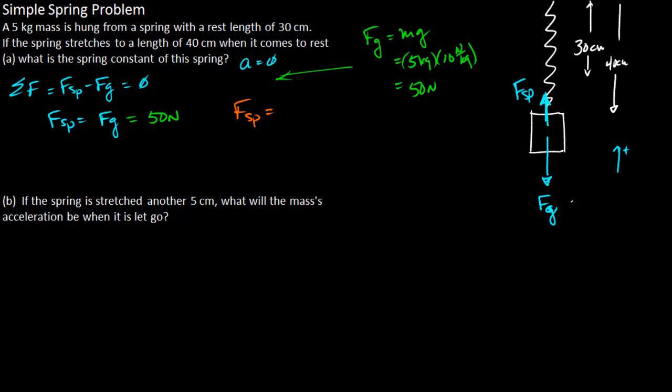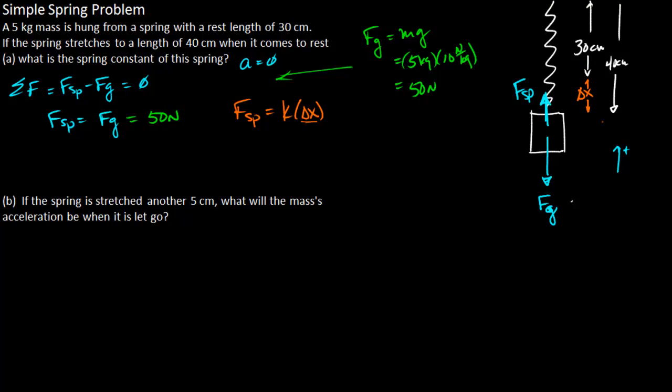We can then move on to our spring equation, which says the force from a spring equals, I'm going to leave the negative off because I already took care of that in my free body diagram. The negative just tells you the direction the force is applied. So I want to say the spring force equals K times delta X. Now the tricky part that some kids always get tripped up on is this is delta X, it's not X. So the spring, yes, is stretched out to 40 centimeters, but delta X in our picture is actually the difference between the rest length of the spring and the actual stretch length.